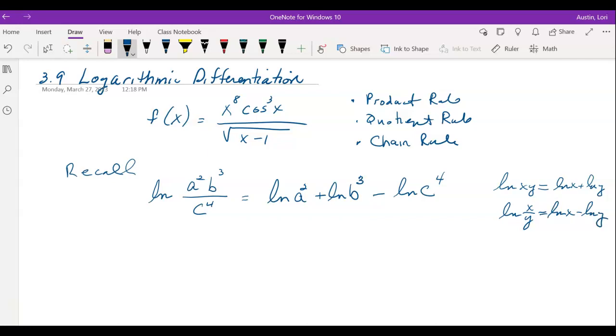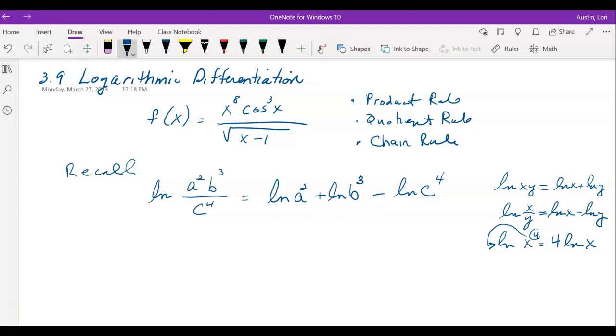Now, another property comes from the exponent. If you have ln of x to the fourth, if you recall, you can move that fourth out front, and it's 4 times ln x. So again, these properties are also reviewed in Chapter 1 of your calculus book if you want to take a look back at them, but you also learn them in college algebra or pre-calculus.